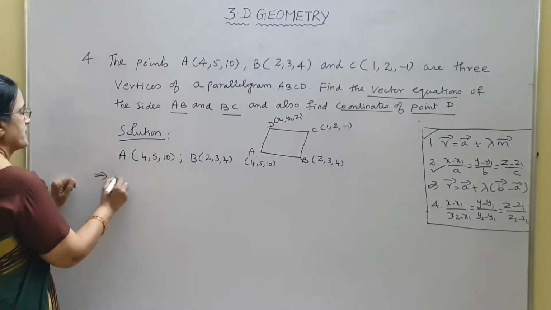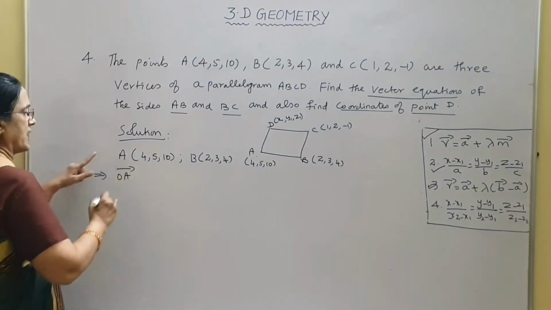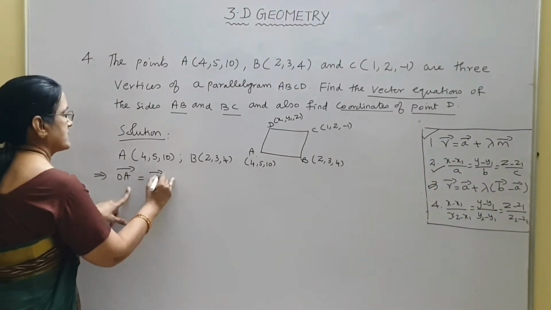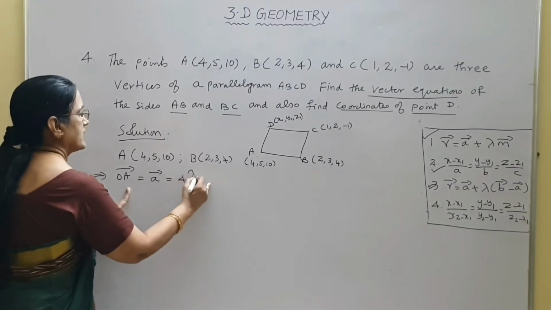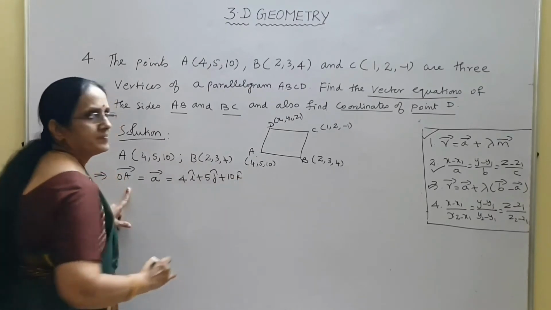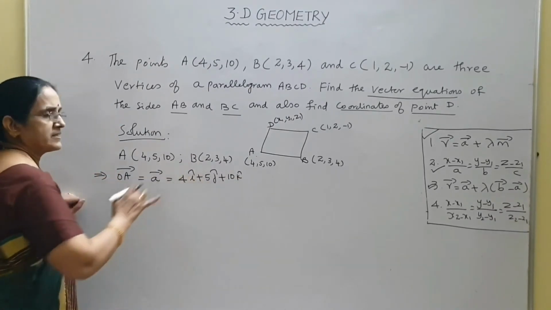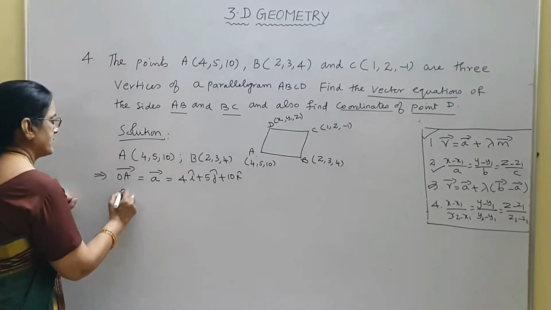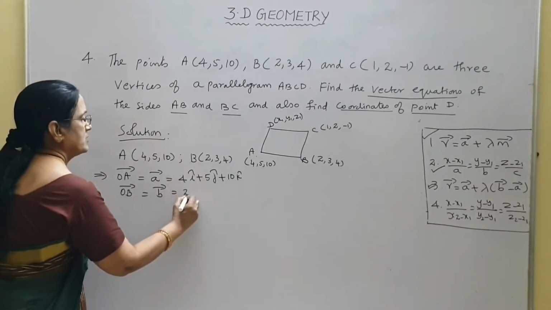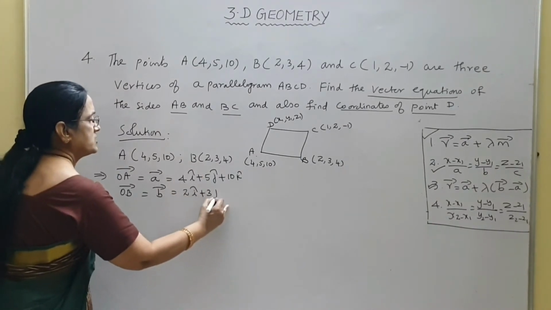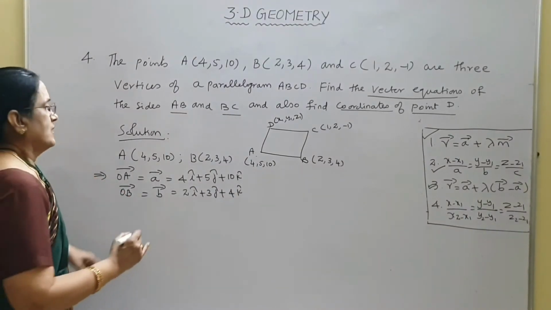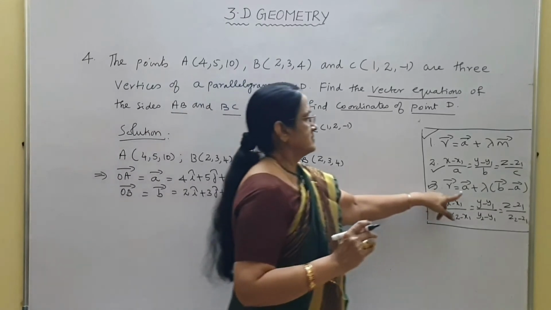This implies the position vector of the point A, which is vector OA, which I can write as a vector, is nothing but 4i cap plus 5j cap plus 10k cap. Similarly, the position vector of the point B is vector OB, which is b vector, is nothing but 2i cap plus 3j cap plus 4k cap. I know vector a.